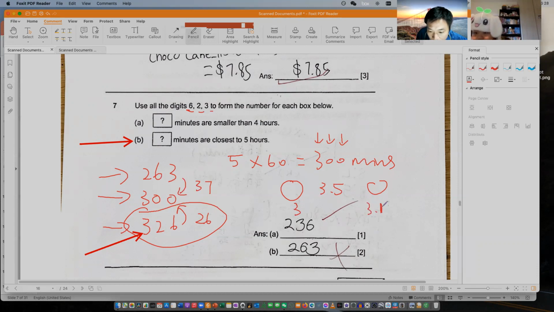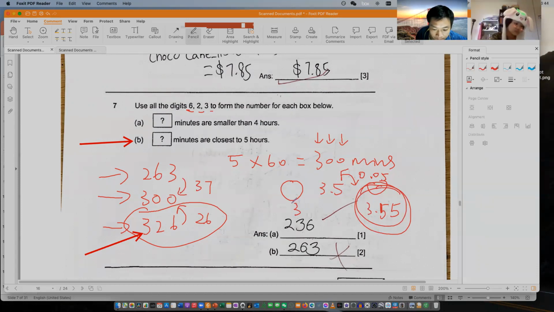No, it cannot be 3.1. It must be bigger than 3.5. So it's 3.55. You can see that 3.55 to 3.5, the difference is actually 0.05. So that's why this one is actually closer to 3.5 than the 3. Please take note of this particular question. It's quite tricky.